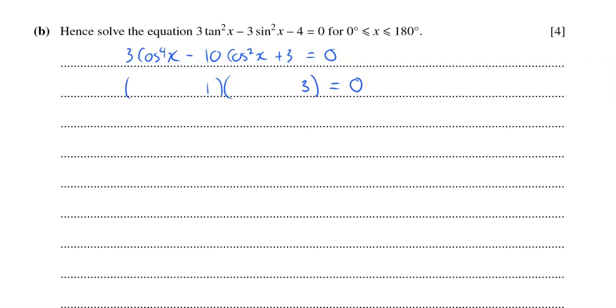And the cos to the power of 4 has to come from cos squared and cos squared x. Okay, the 3 cos to the 4, that's going to turn into a 3. So we definitely need to multiply the 3 by 3 to get 9. And so then that 3 is going to be there, and there's going to be a 1 in front of the other cos squared. So finally, how do we get to negative 10?